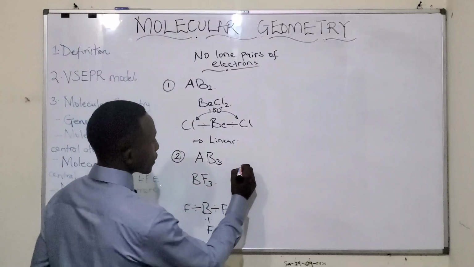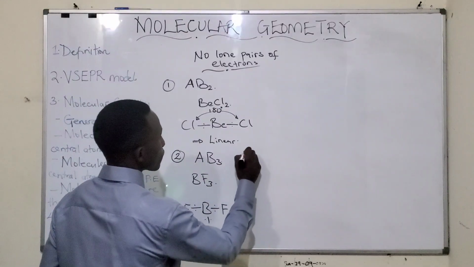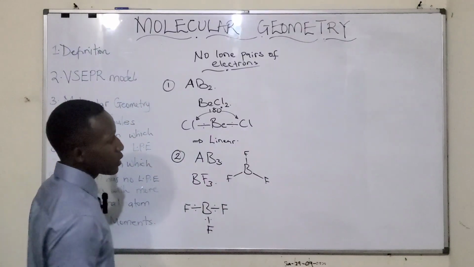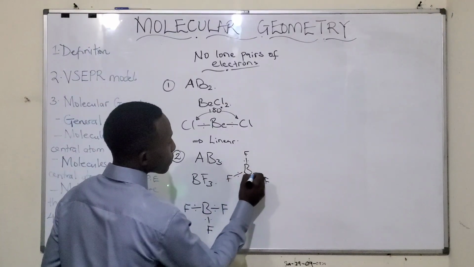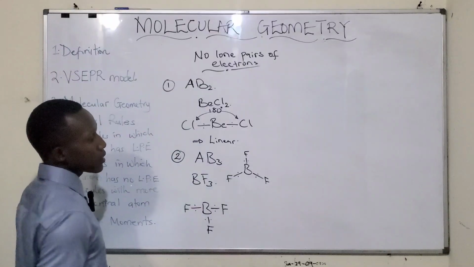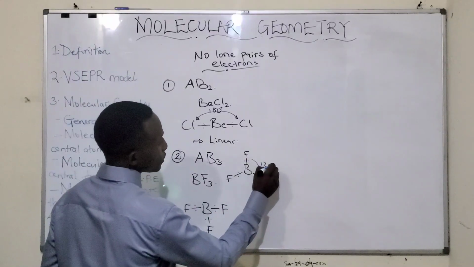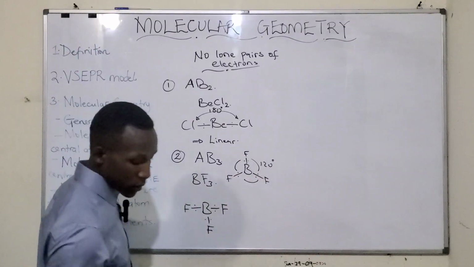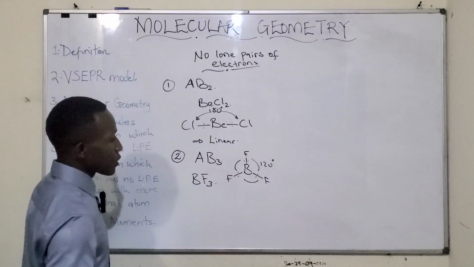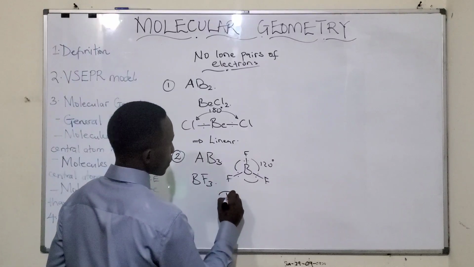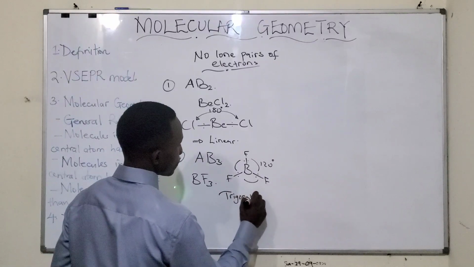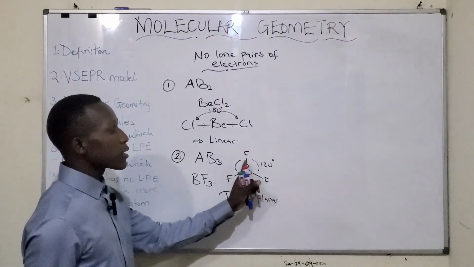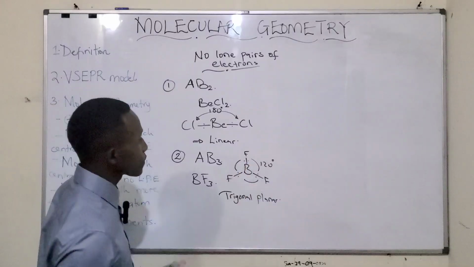So the structure will be like this, with boron and fluorine atoms. This one is at 120 degrees. All of the angles are at 120 degrees. This structure is known as trigonal planar. These atoms are all in the same plane.